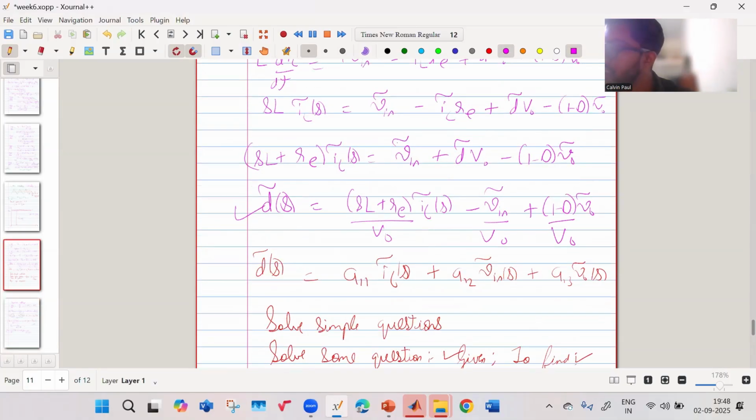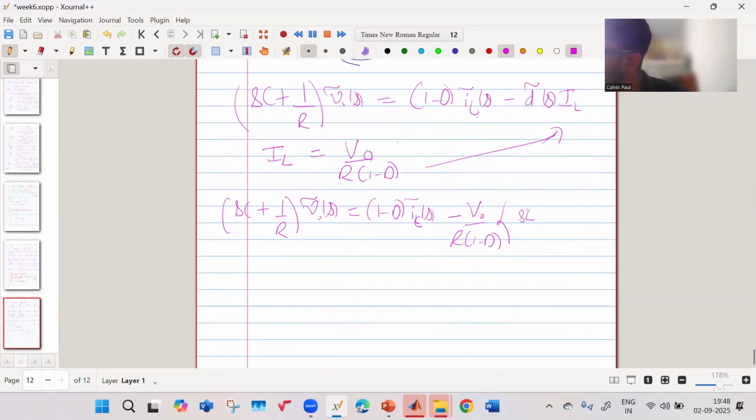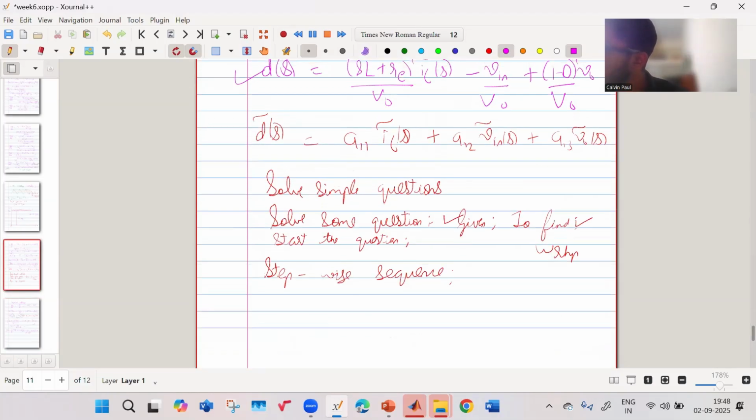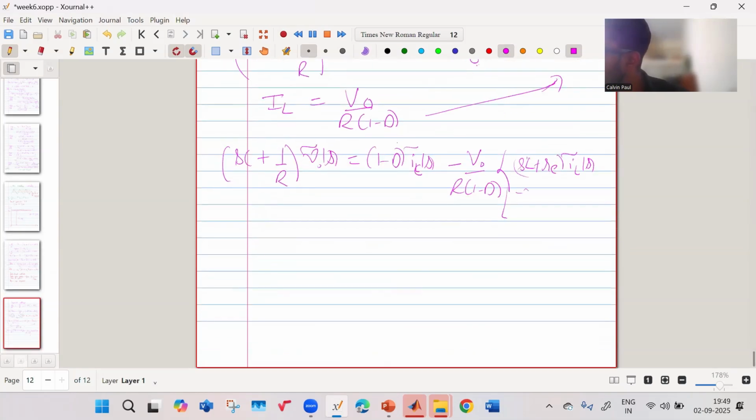D per turb of S is this SC plus RE, SL plus RE, IC per turb of S minus D in per turb of S minus 1 minus D into V output per turb of S. This whole multiplied by 1 by V output. So V output gets cancelled.